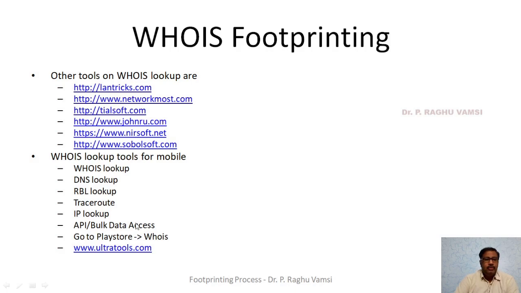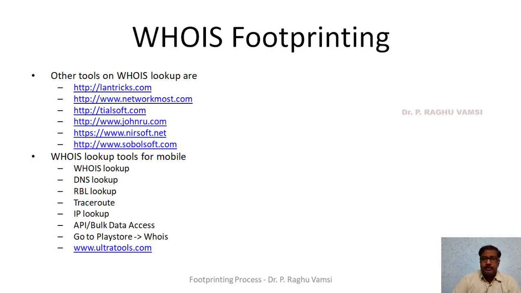For this, on your Android mobile phone, go to Play Store and type WHOIS. You may also get some apps from the website ultratools.com. There you can get various WHOIS Lookup tools as mobile applications, especially Android applications.